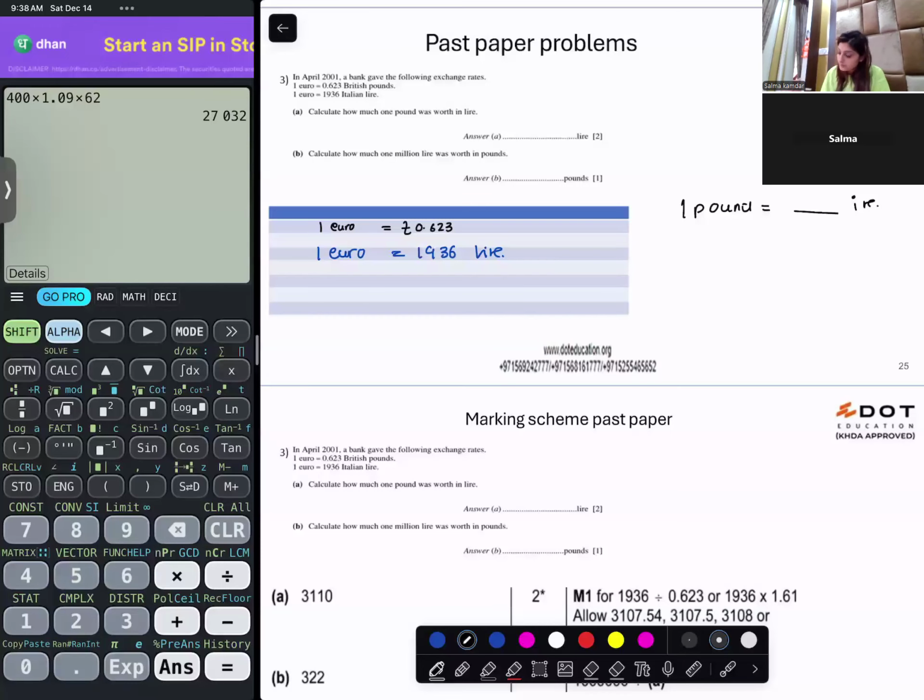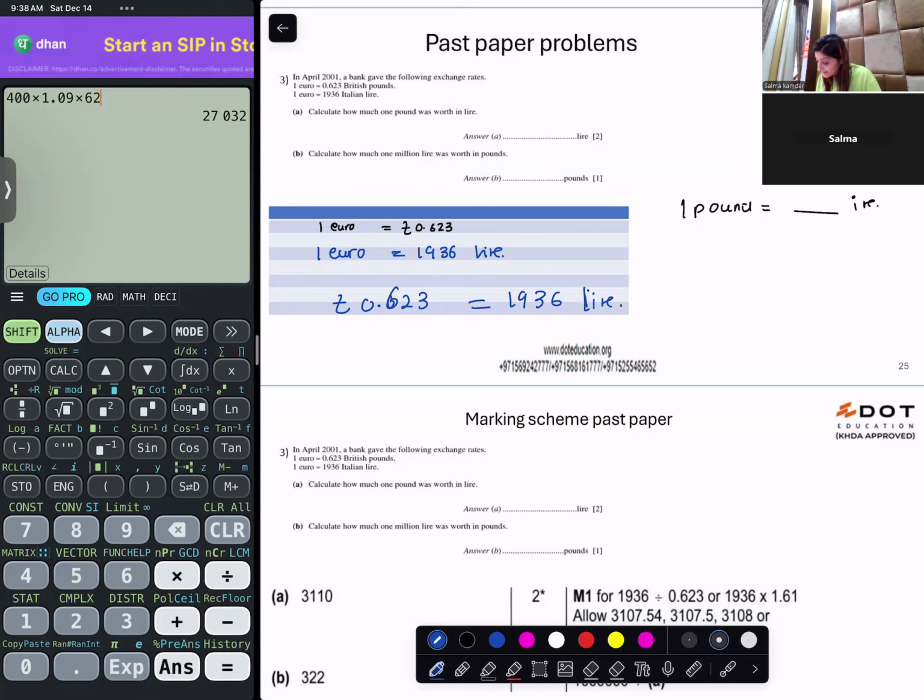So I know 1 euro is 0.623 pound, and I know 1 euro is 1936 lire. That means 0.623 pound is equal to 1936 lire.